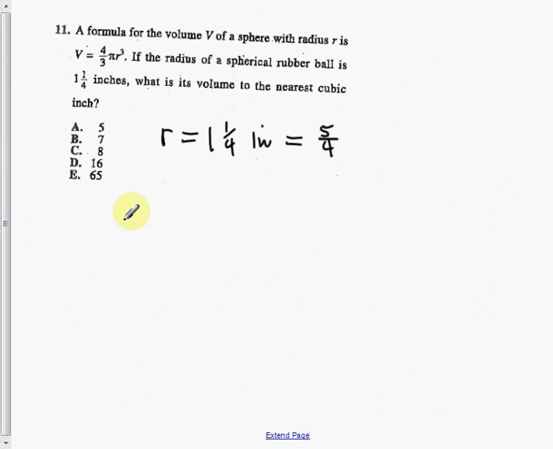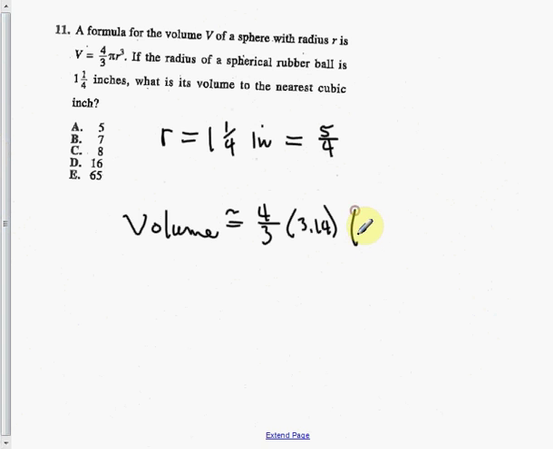We use the formula. We thank them for giving us the formula. So that becomes 4/3. Here I'm going to use an approximation of pi, 3.14. It's not equal to that, but it's somewhat close to it. So I put a tilde there to say it's an approximation. It's not exactly it, but we get close enough.